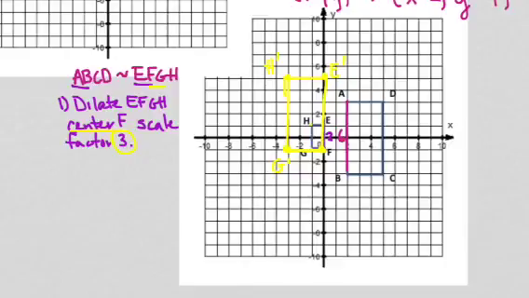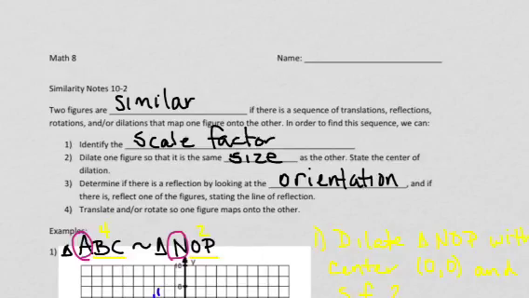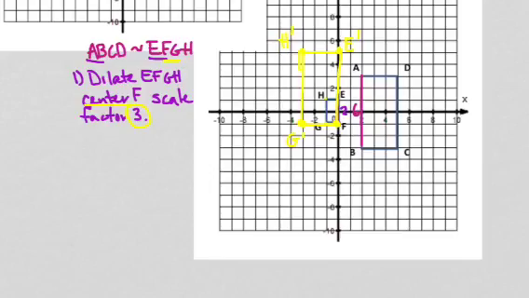Now if I look back at my notes, I have completed step 2. Now I'm going to do step 3, determine if there's a reflection by looking at the orientation. So the orientation of ABCD is counterclockwise.